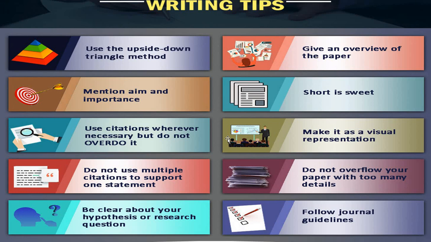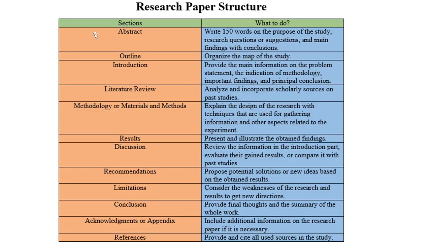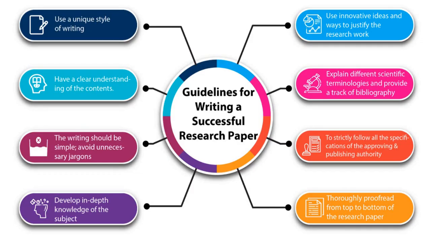Use the upside down triangle method. This is a hierarchical method: initial search, data collection, material appraisal, data refinement, collection of classification scheme, and synthesizing. This is the structure of the paper, generally called writing tips.